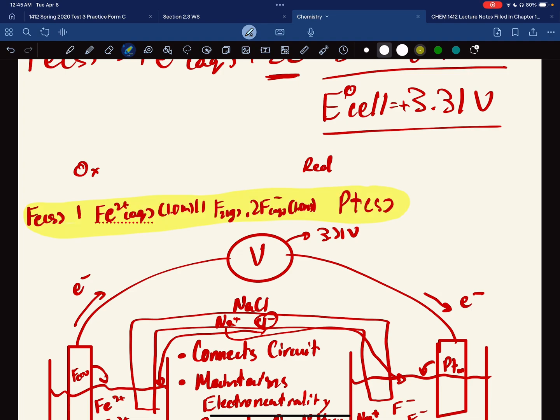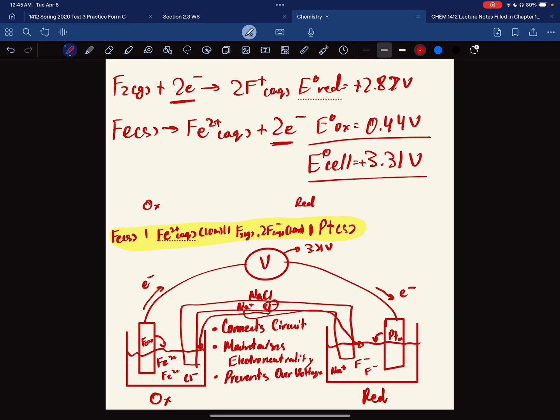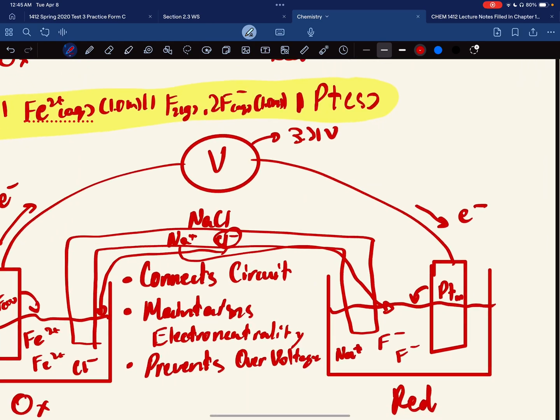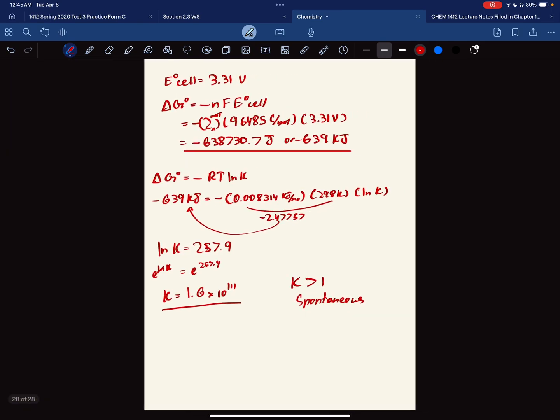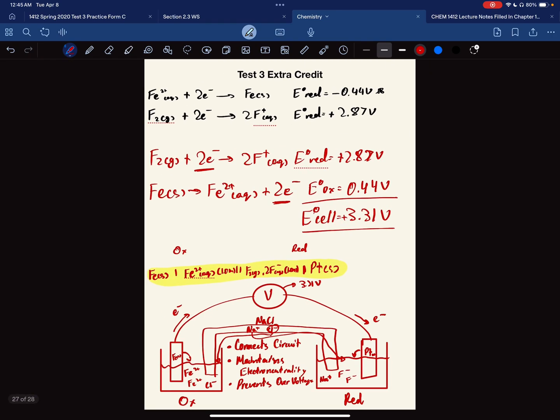We use platinum for our cathode because fluorine is a gas at standard conditions, so we need an inert cathode. This is our sketch for our galvanic cell. We found out the value of delta G and the value of K. And that'll be all. Thank you very much.